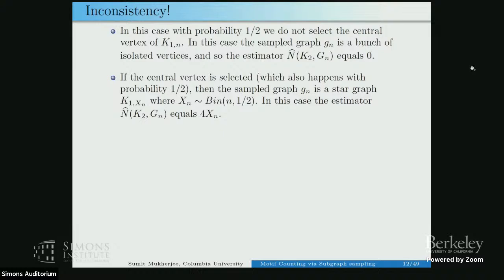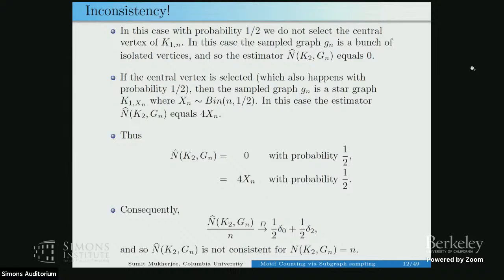You get the 4 because of the half square scaling. So your estimator n hat is 0 with probability half and 4 times Xn with probability half. If you take limits, you will get 0 with probability half and 2 with probability half. So in this example, for this sequence of graphs, this nice estimator is not consistent.